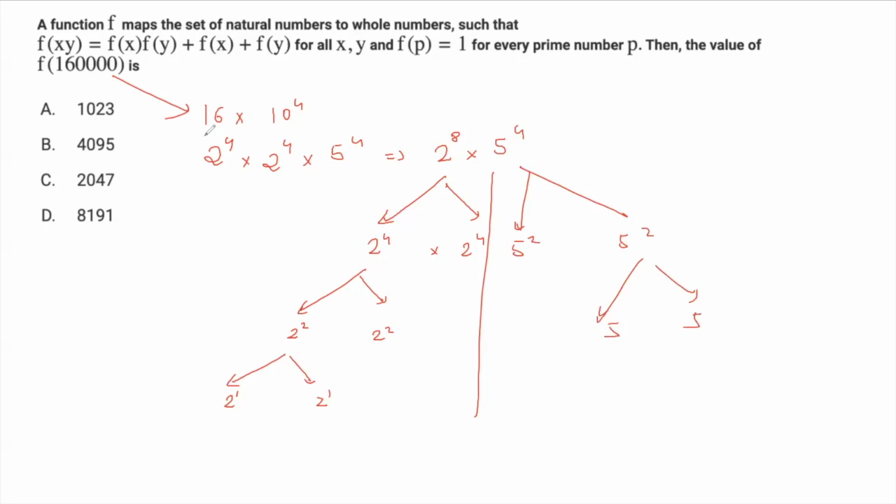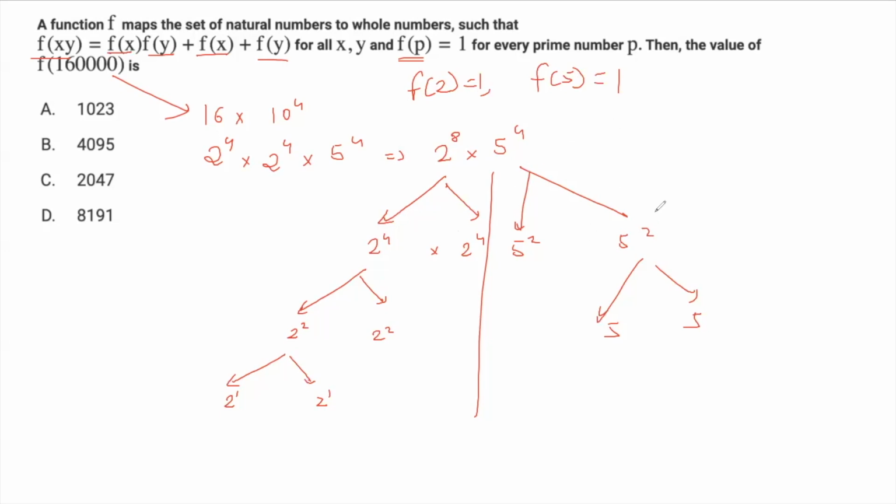Now, as per the given condition, f(xy) is f(x)·f(y) + f(x) + f(y), and f(p) is 1 for every prime number p. So f(2) should be equal to 1, and so also f(5) should be equal to 1.